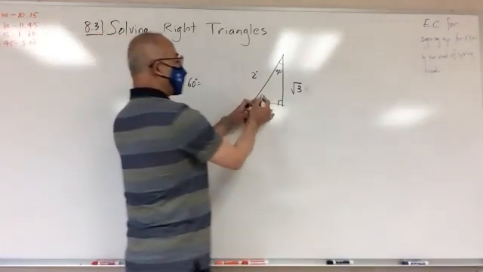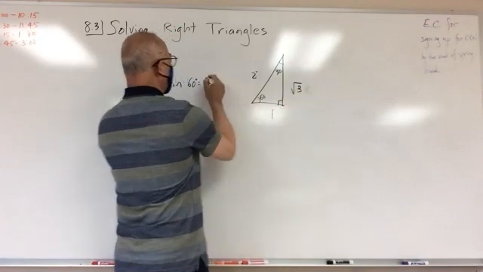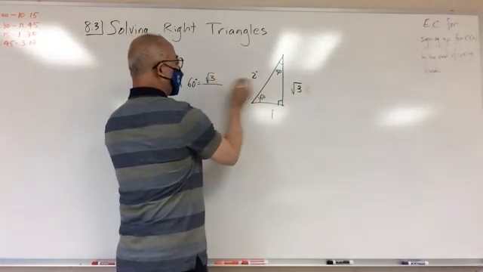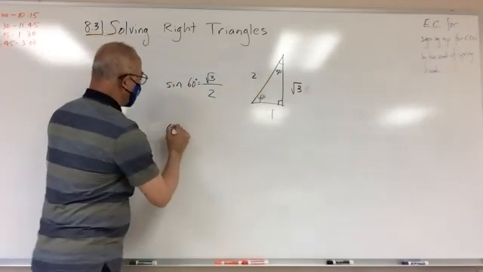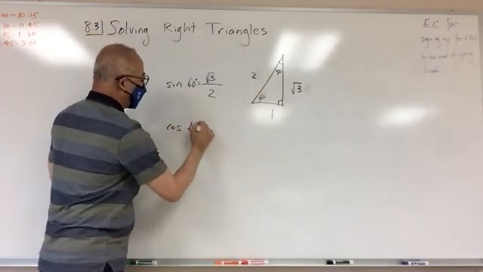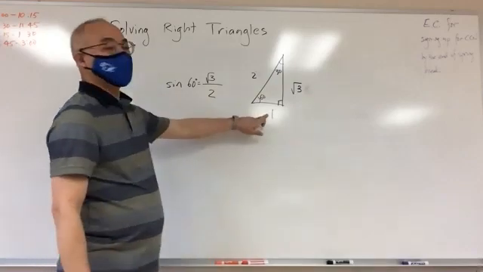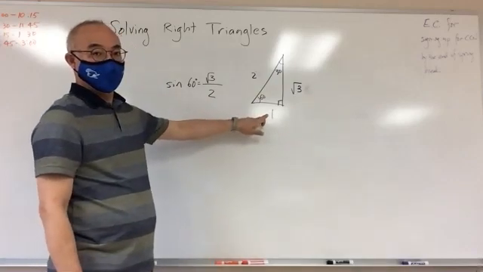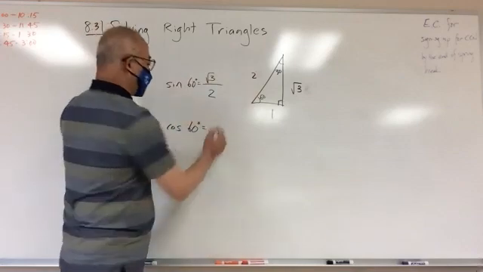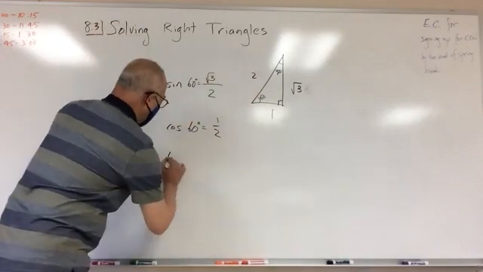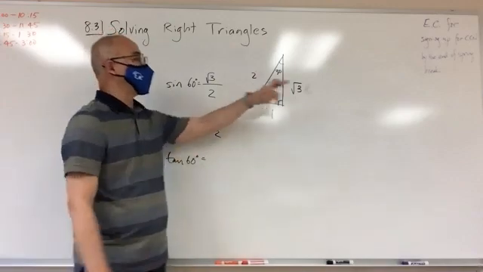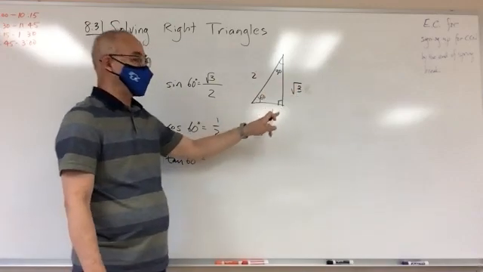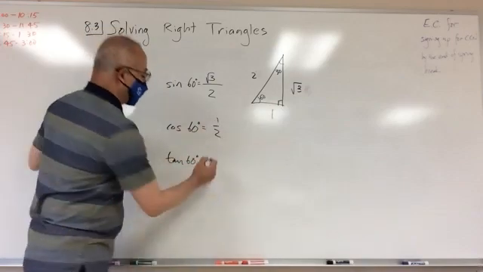So the opposite of this would be this guy, divided by the hypotenuse. Whereas the cosine of 60 would be the adjacent over the hypotenuse. Tangent 60 would be the opposite over the adjacent.